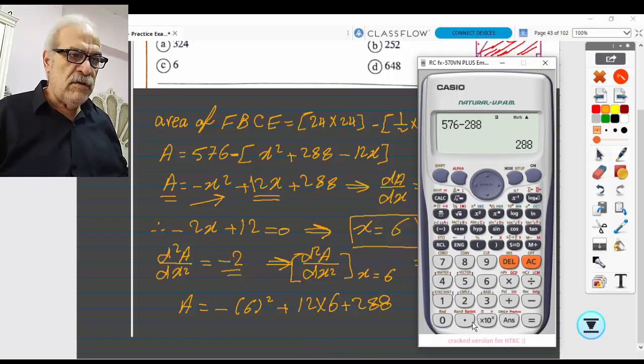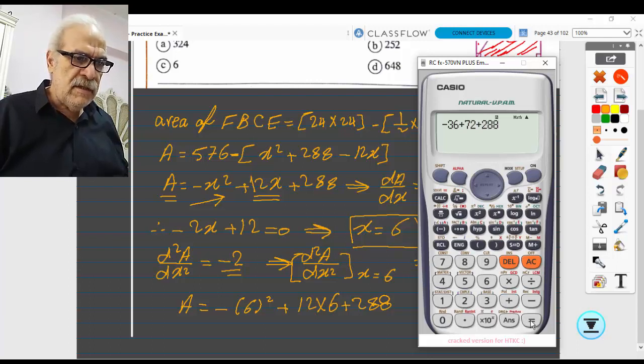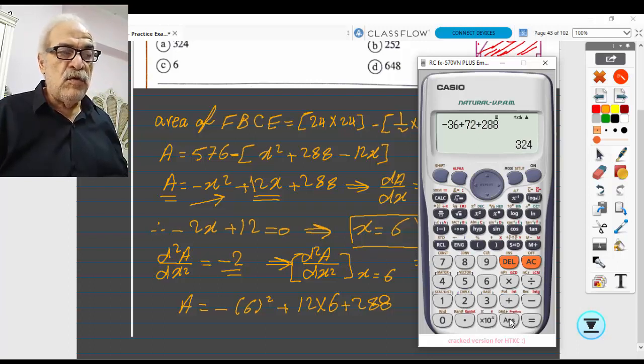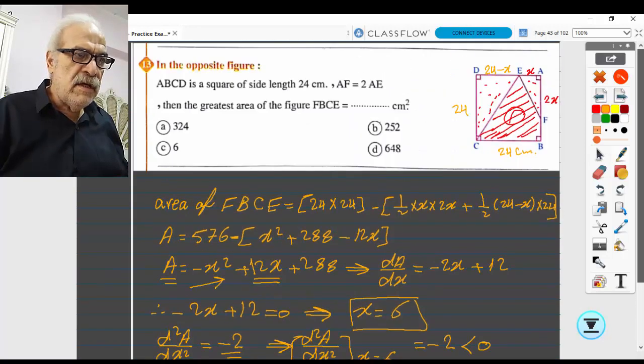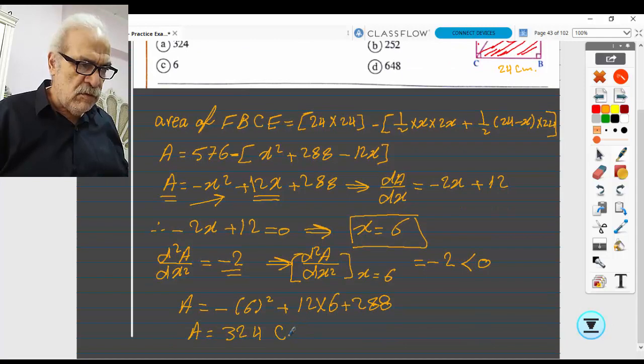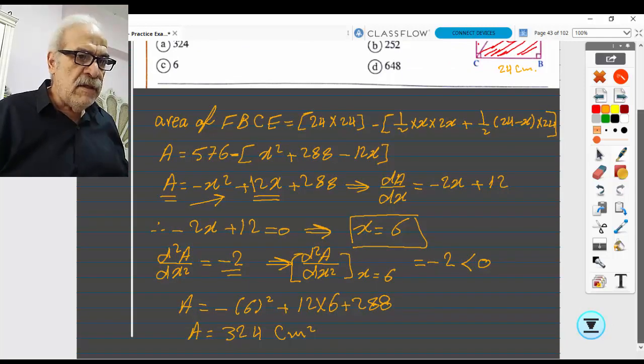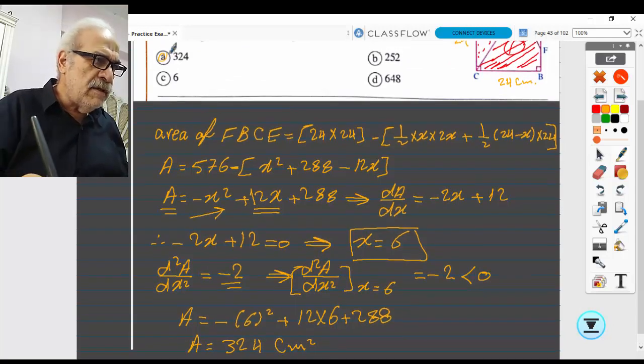And then we go to the calculator. Negative 36 plus 12 multiply 6, it is 72, plus 288 equals 324. So the greatest area equals 324 centimeter power 2, as the unit here is centimeter power 2. And we'll choose letter A.